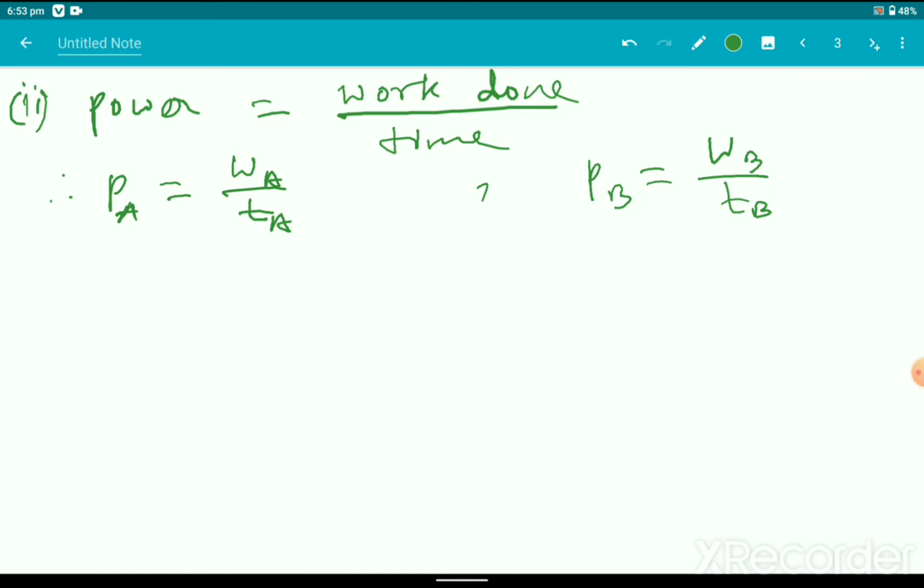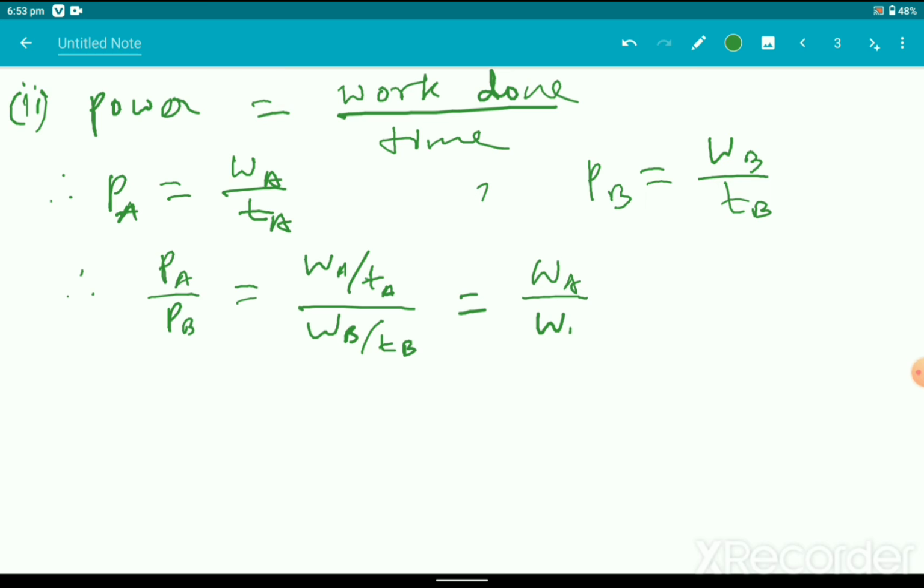Okay, isn't it? Fine. So we can write, therefore the ratio P_A by P_B will be equal to W_A by T_A divided by W_B by T_B. So if I just invert it, it will be W_A by W_B into T_B by T_A, isn't it?